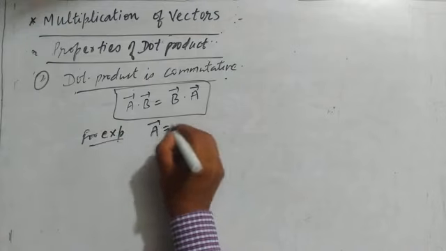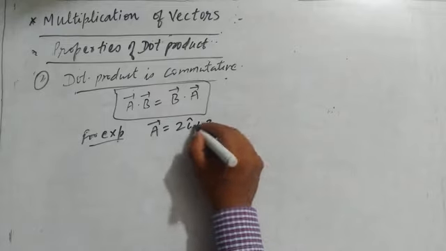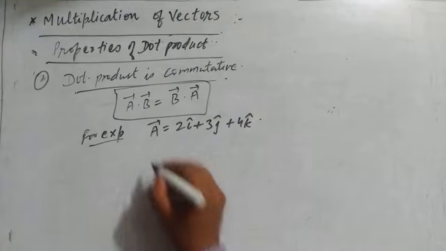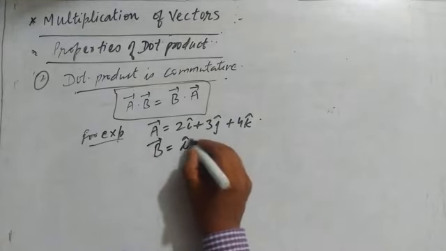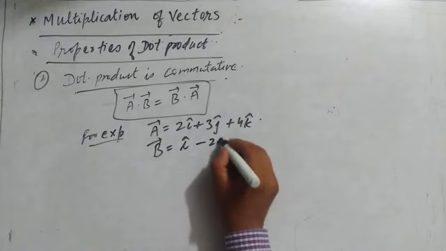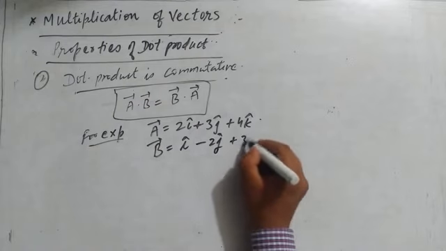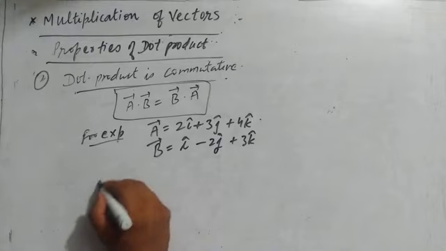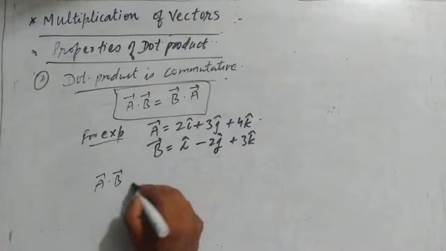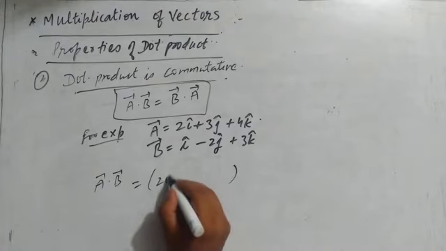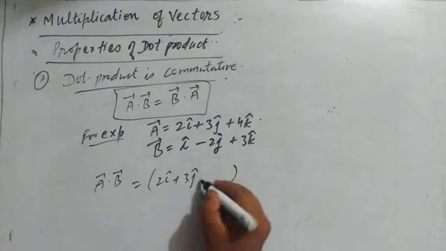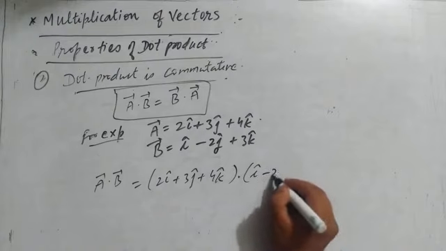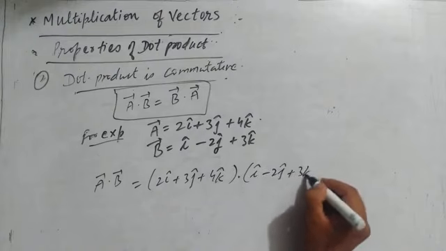If a vector is equal to 2i plus 3j plus 4k and b vector equal to i minus 2j plus 3k, then if we find out a dot b, that is equivalent to (2i cap plus 3j cap plus 4k cap) dot (i cap minus 2j cap plus 3k cap).